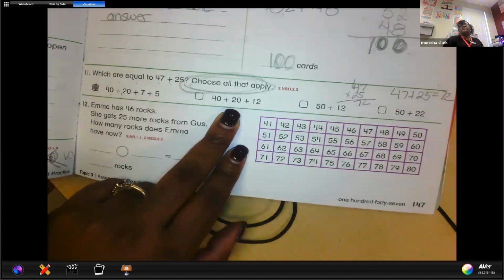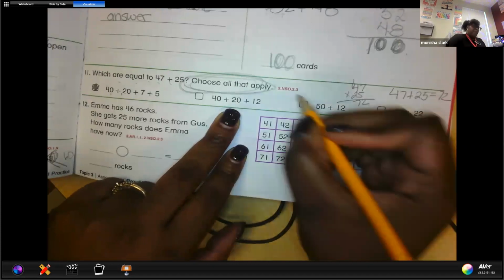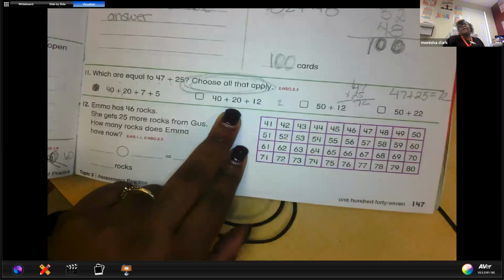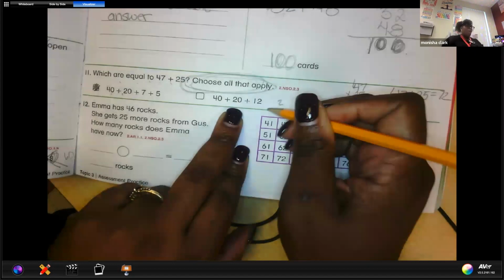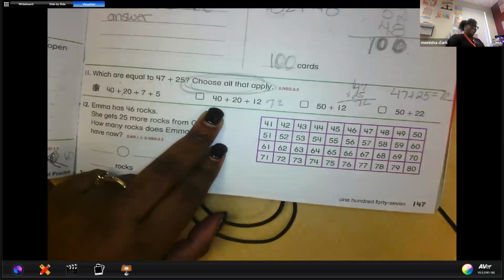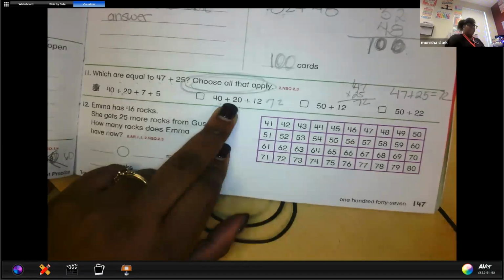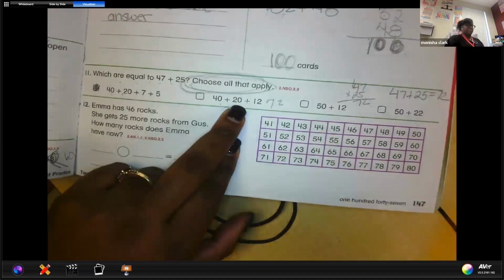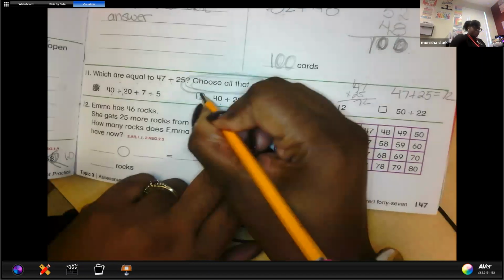So 0 plus 2 gives me what, Eden? 2. And then we have 6 plus 1. That gives me what? 7. So 72. You said it backwards. Yes. So now we have 40 plus 32 gives me what? 72. So this is also one that equals 72.